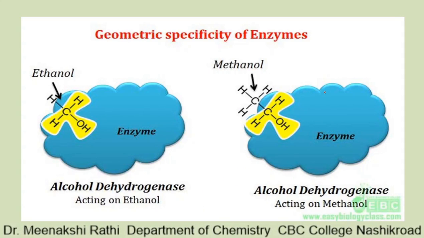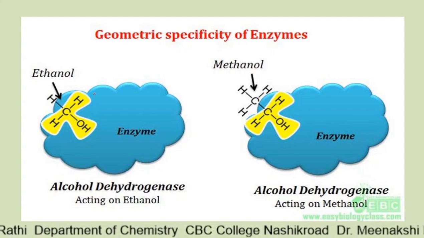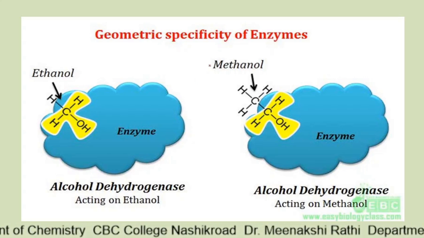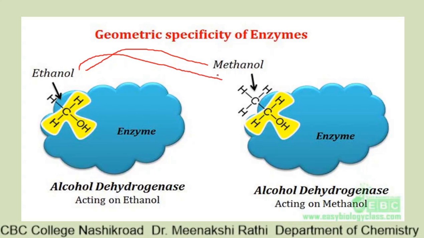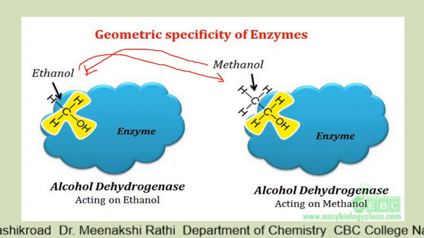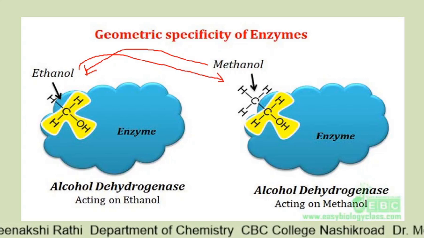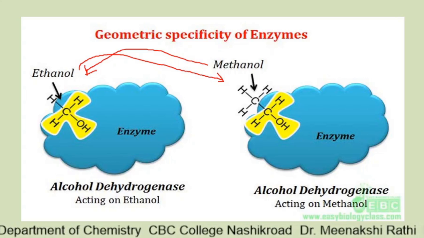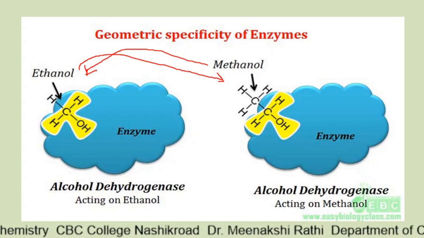Now geometric specificity of the enzyme. One thing I just want to make clear is that the names are changed. This is methanol and this is ethanol. Only this difference is there. Okay, it's a mistake. Now here, what is geometric specificity of the enzyme? Some enzymes catalyze those substrates which have some geometric part similar.